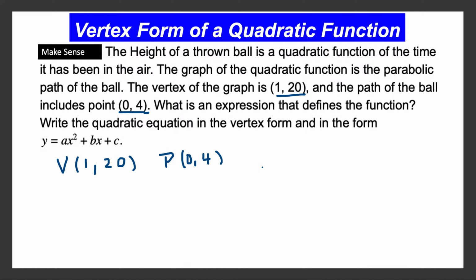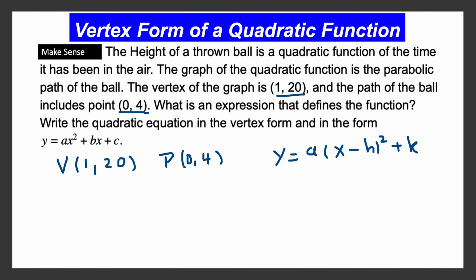And the quadratic equation in the vertex form, the general form of the vertex function, is y = a, the stretching or compression factor vertically, times (x minus h), the horizontal shift, squared, plus k, the vertical shift. So this is the formula.